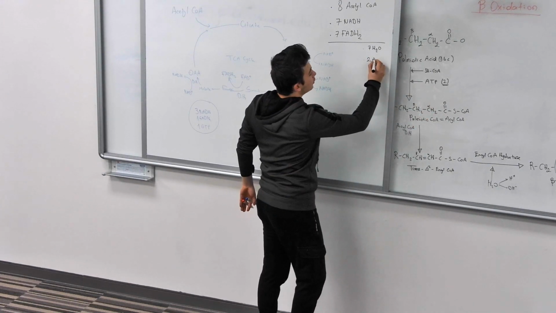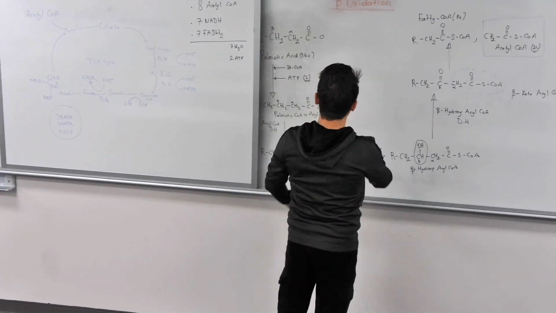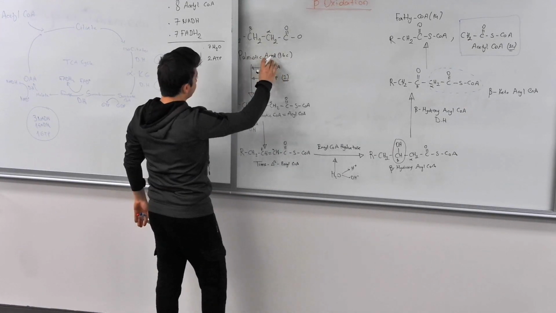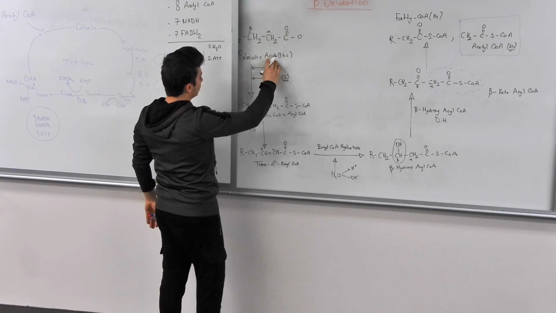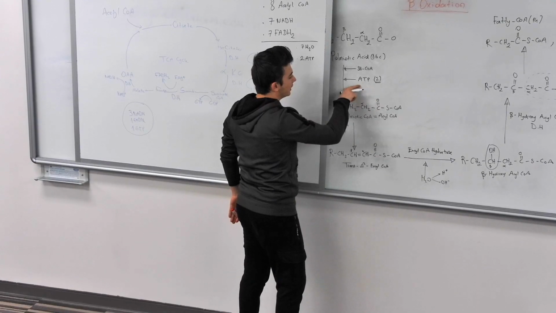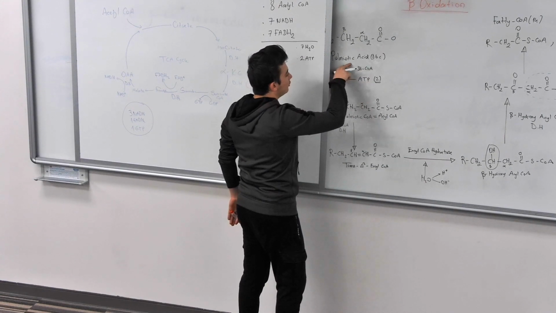I used 2 ATP in order to activate palmitic acid to palmitoyl coenzyme A, because palmitic acid is not activated before being palmitoyl coenzyme A. I used 2 ATP in order to join these two molecules, coenzyme A and palmitic acid.